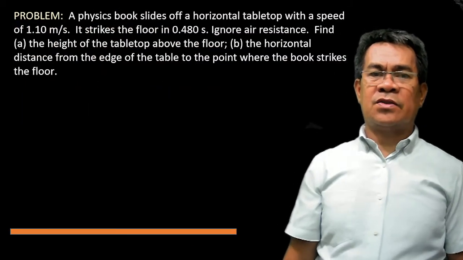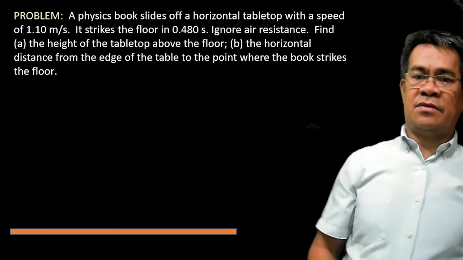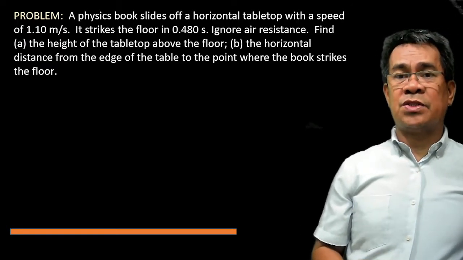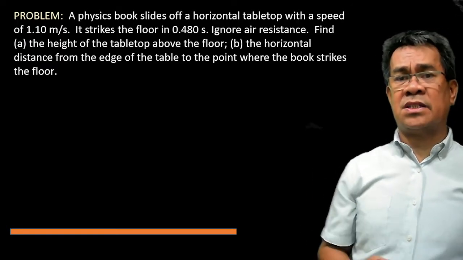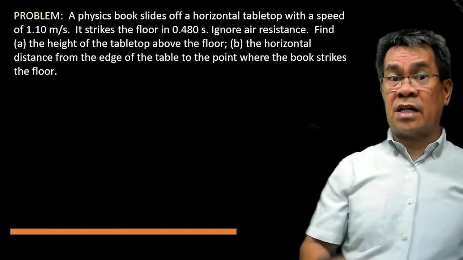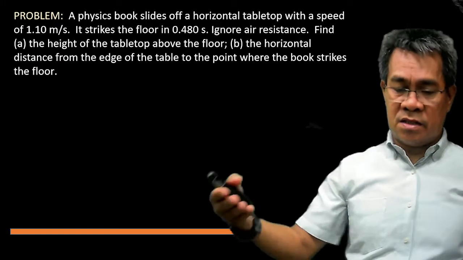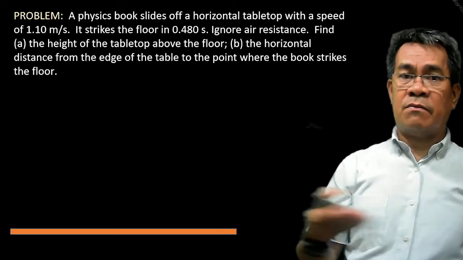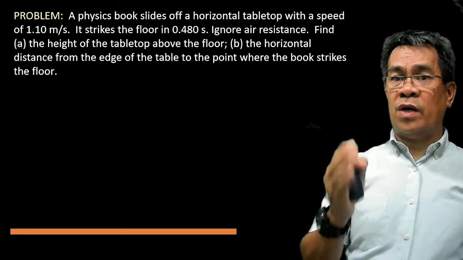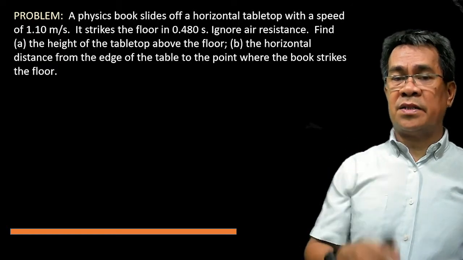Now, to exercise ourselves on the application of the idealized model of projectile motion, let us solve this problem. The problem says that a physics book slides off a horizontal tabletop, meaning it is moving on the tabletop with a speed of 1.10 meters per second.